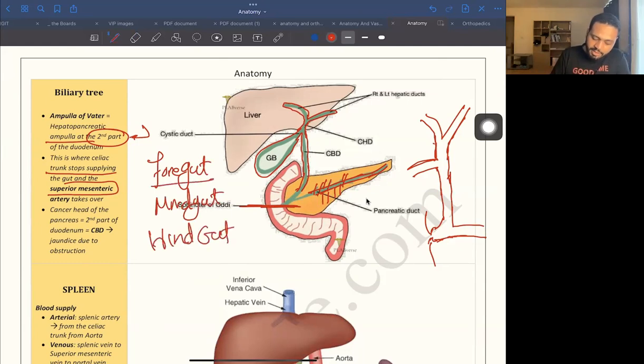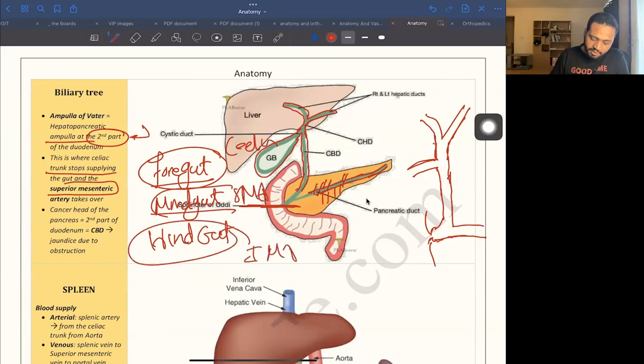The foregut is supplied by the celiac trunk, and the midgut is supplied by the superior mesenteric artery. The hindgut is supplied by the inferior mesenteric artery. So at the ampulla of Vater, the celiac trunk stops supplying the foregut at this area.